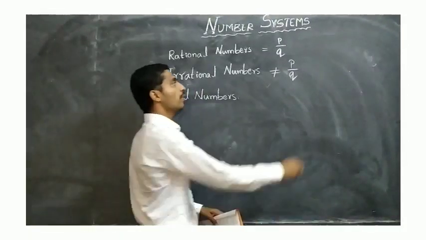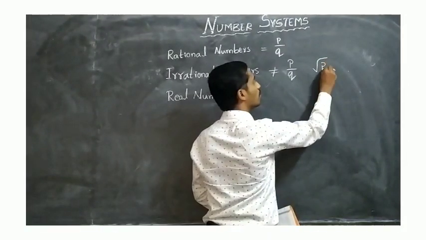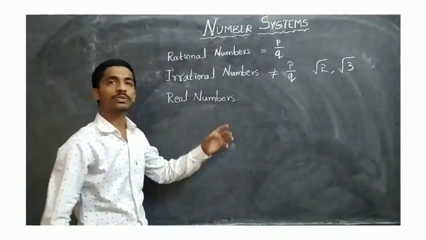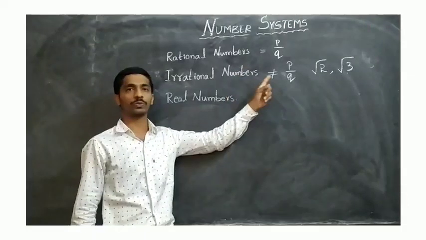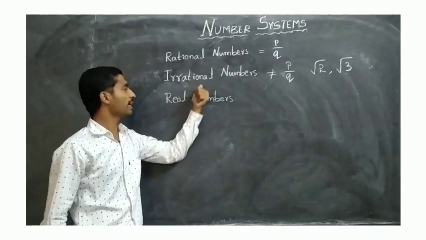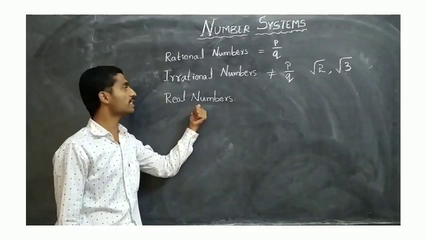For example, root 2, root 3. So whatever numbers we write under a square root, we can call them irrational numbers. Next concept: real numbers.